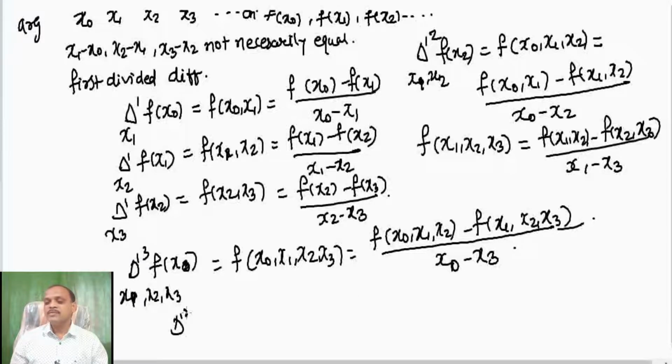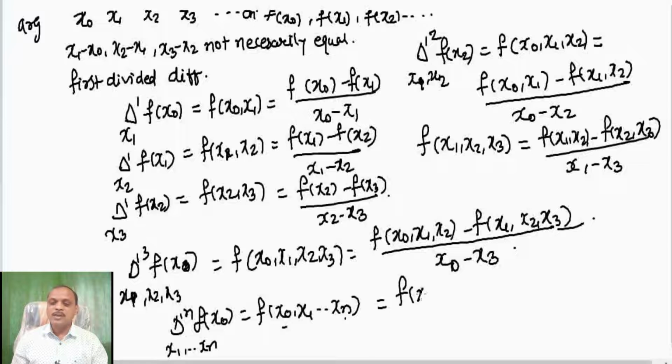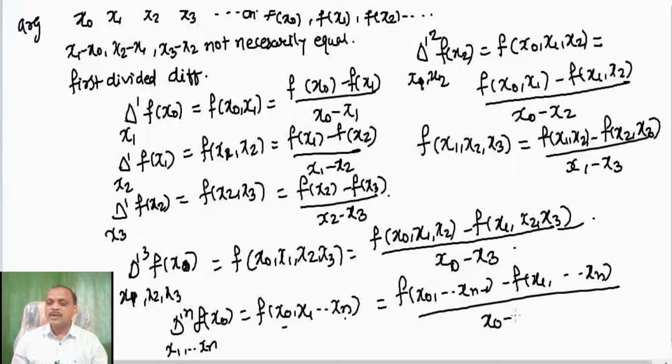In this manner we can define third divided differences. Similarly, the nth divided difference at x0 and the other points x1 to xn, which is f of x0, x1 up to xn, involves n plus 1 points in total. So it is f of x0 to xn minus 1 minus f of x1 to xn, divided by x0 minus xn.